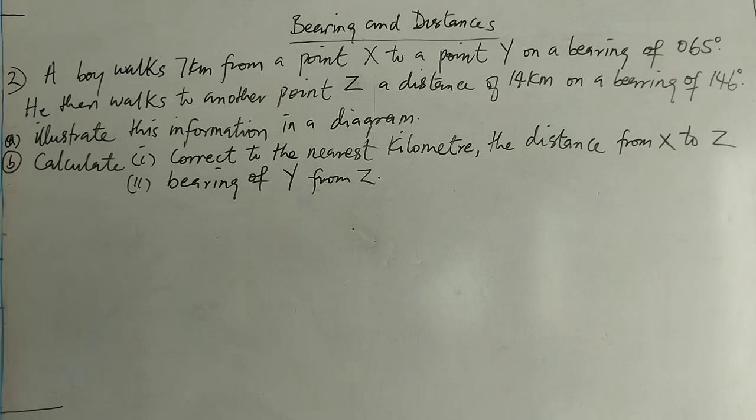Now, to illustrate this information, the information is straightforward in the sense that there is an object moving from one point to another point. Anytime you have this type of situation in bearing and distances, it's always good to follow that object's movement from where it started to where it ends. So in this case, a boy is moving.